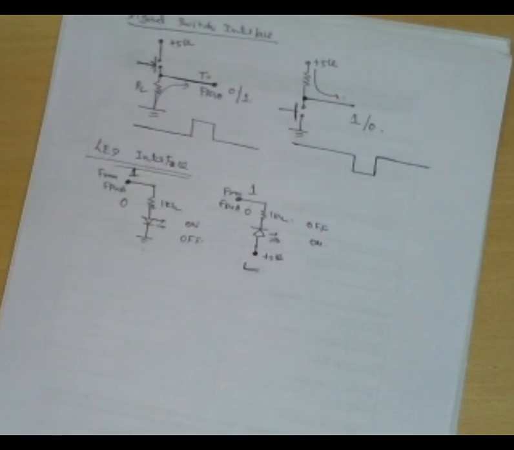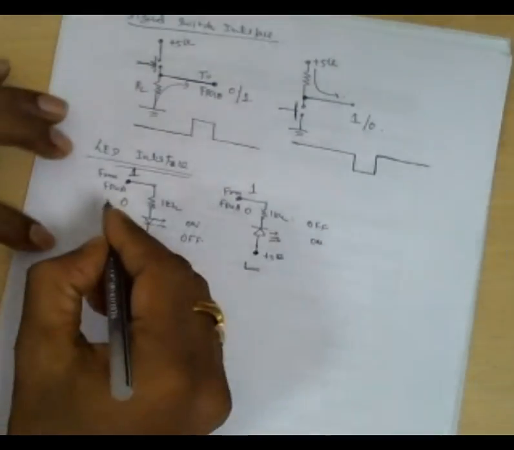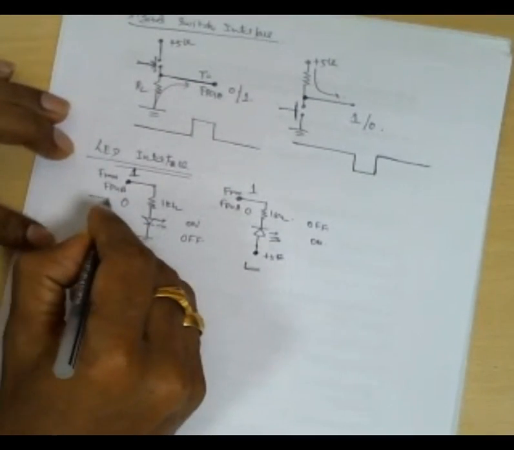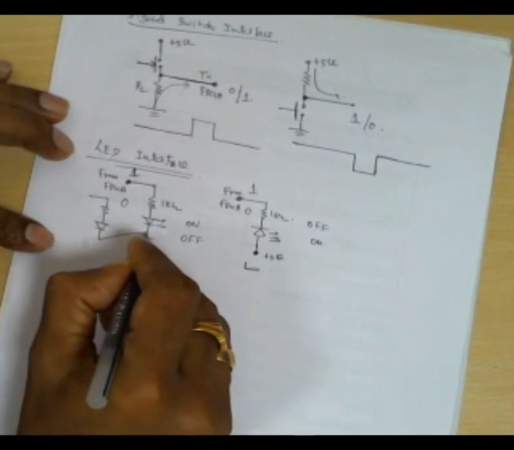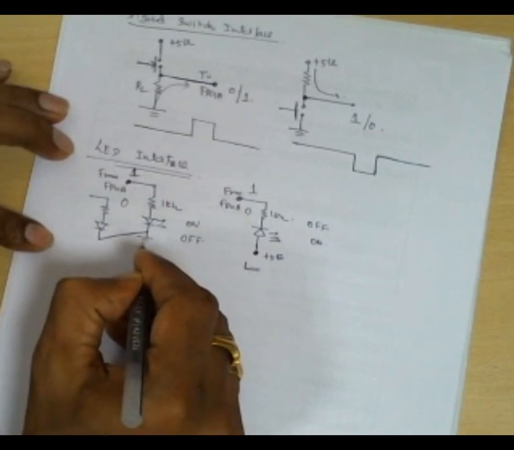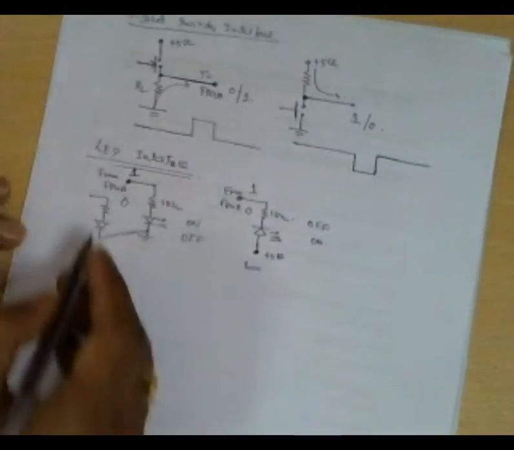So whenever you buy some LED array, suppose 10 LEDs are there that you want to use as output devices, you should know what kind of configuration is already made in that array, whether it is common anode or common cathode. Understand now? For example, suppose I connected one more LED with the same connection, but here these two are connected together and grounded, because ground can be common in this connection.